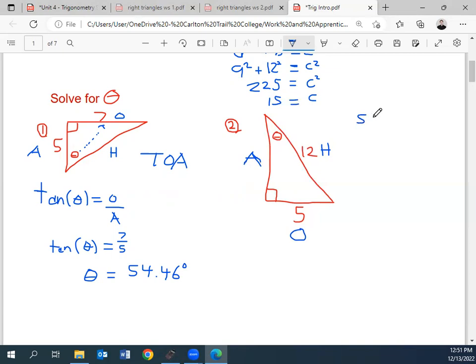You're thinking sine, and why? Because we only have the O and the H, which means it has to be sine. So sine of theta is equal to opposite over hypotenuse.